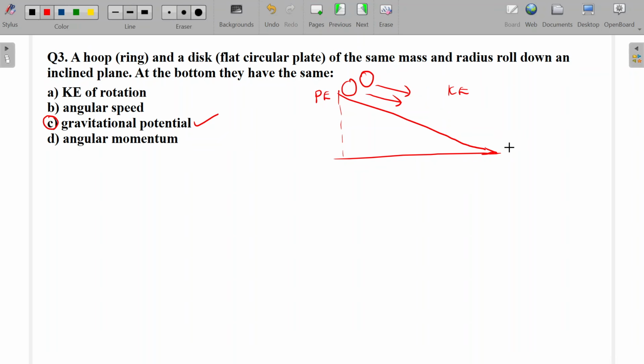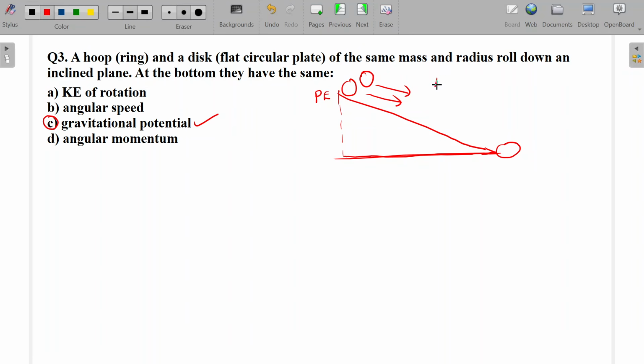At the bottom, the potential energy will be 0, because there's no height, and for both cases it will be 0. Then the kinetic energy, it will have 2, because here we're dealing with rotational motion.